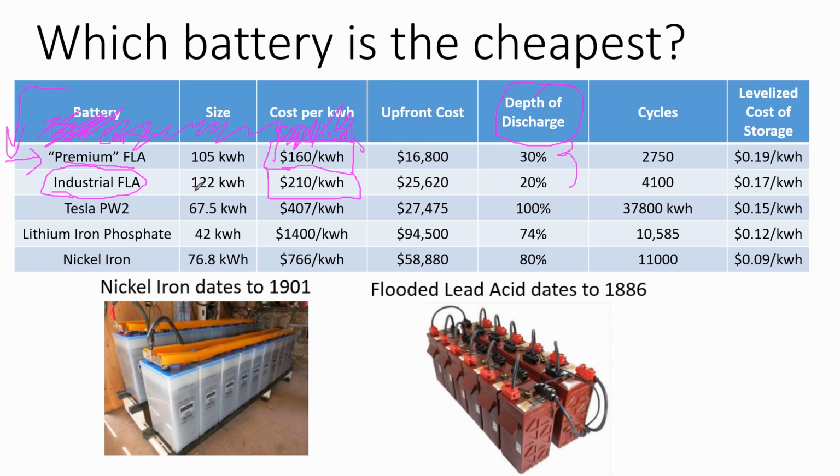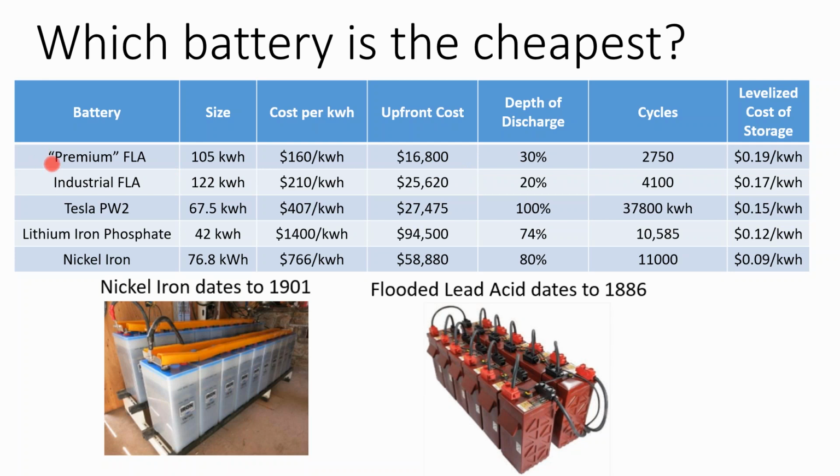But what I want to point out is here we're doing 122 kilowatt hours, and because of that, it's the same load, it's the same house that we're trying to power, and so this 122 kilowatt hour battery bank only has an average depth of discharge of 20%, whereas this smaller battery of 105 kilowatt hours has an average depth of discharge of 30%. That's just a function of system size. If the client couldn't afford to buy a $25,000 battery, they might be forced to buy this $16,000 battery.